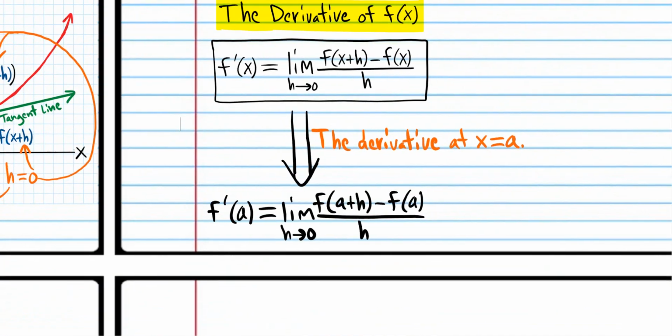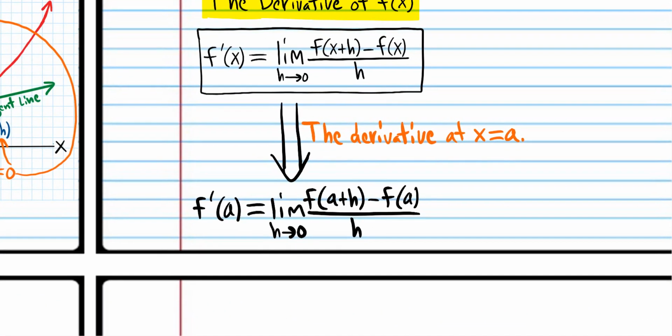Now it turns out that we can make another formula if we want to find the value of the derivative at a specific x value. This formula gives you an expression for the derivative of the function at any x value, assuming that the derivative exists, or the function is differentiable at that x value.